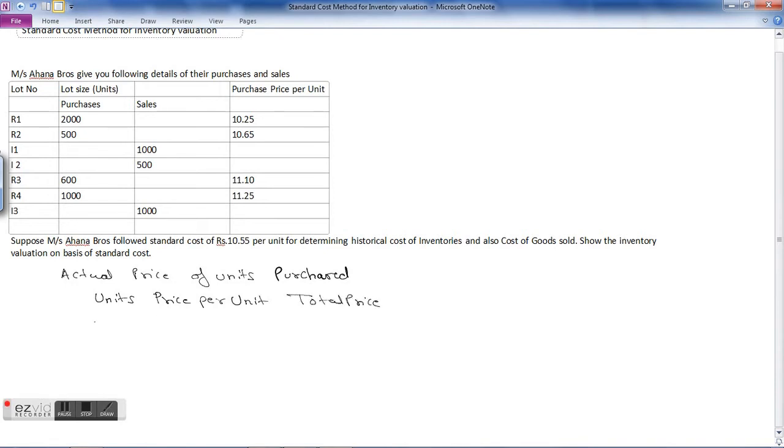So 2000 units into 10.25, then 500 units into 10.65, then 600 units into 11.10, 1000 units into 11.25. Now let us calculate the total price of all this.